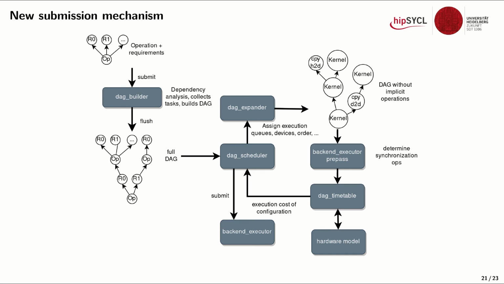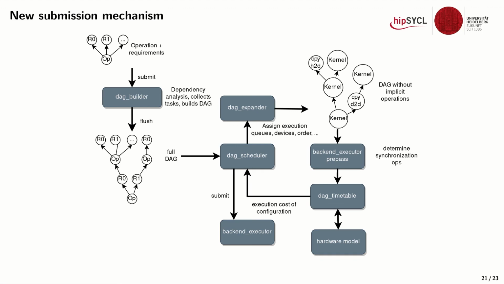The DAG expander is responsible for turning all the implicit operations, the implicit requirements that may require some data transfer, for example, into actual operations, or remove them if they are unnecessary. And what comes out of the DAG expander is really only kernels, data transfers, and other directly executable operations.